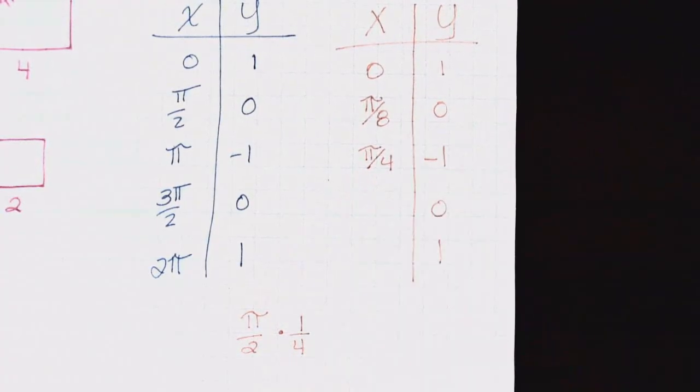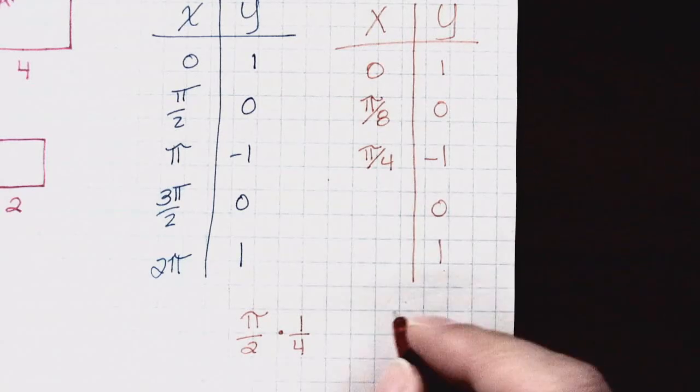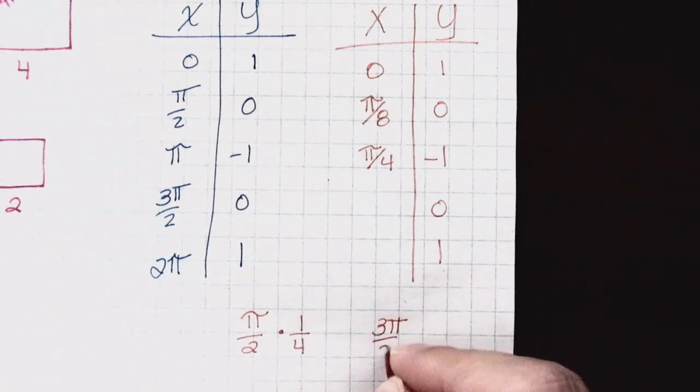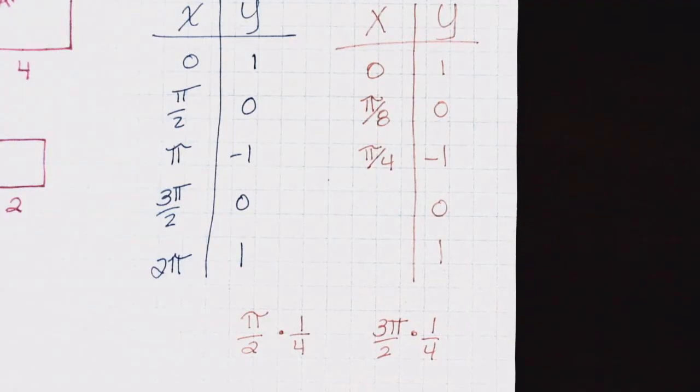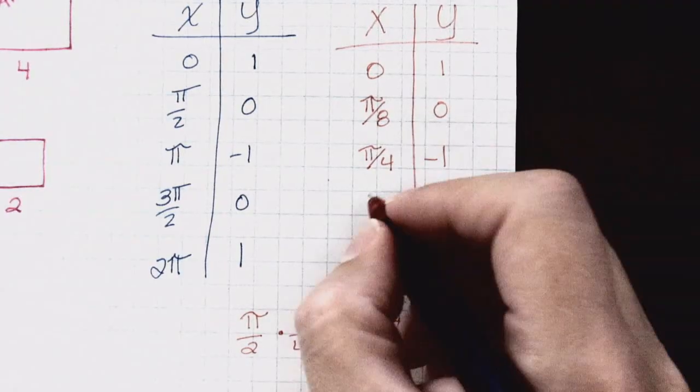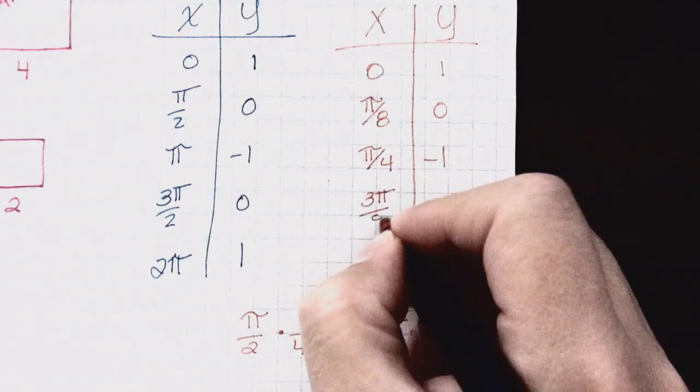It's pi over 4. Okay, maybe we should write this one down. 3 pi over 2 times by 1/4. 3 pi over 8. Okay, there you go.